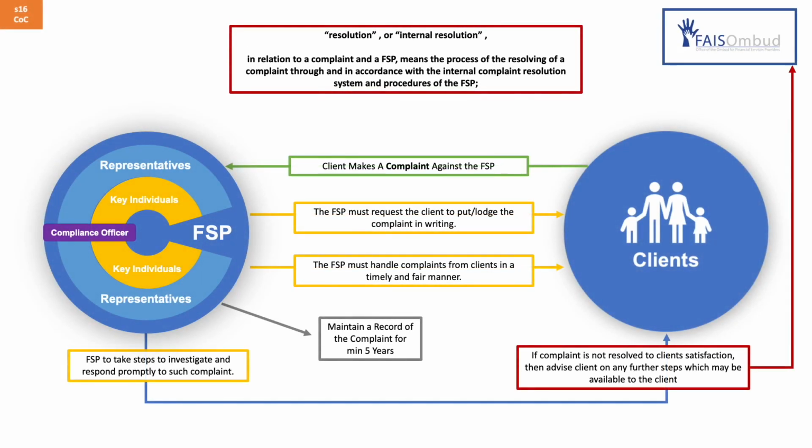So let's go through a final overview of what has been covered. We went through the complaints process that a client would follow by lodging the complaint to the FSP's attention and lodging the complaint further to the FAIS Ombud if not satisfied with the outcome of the FSP.